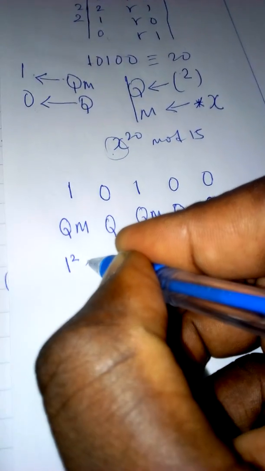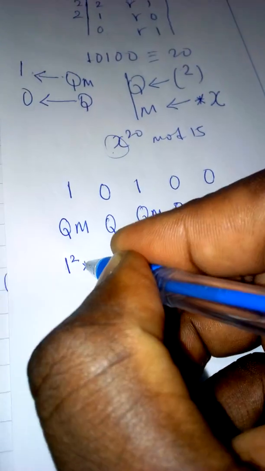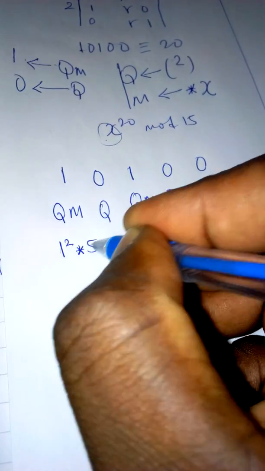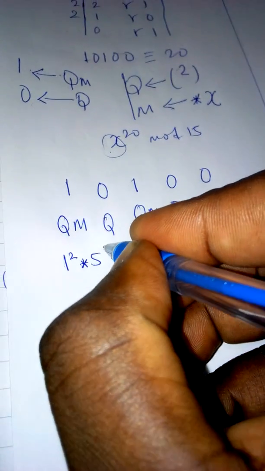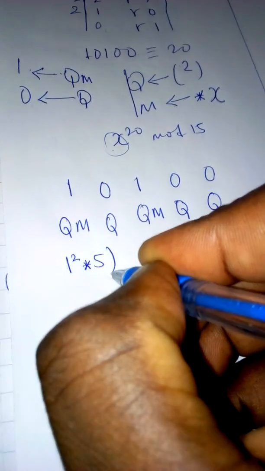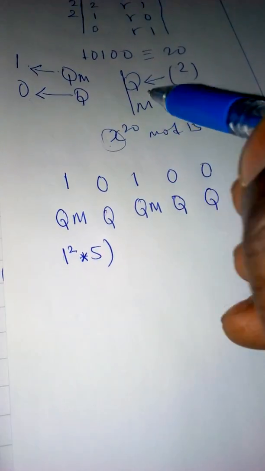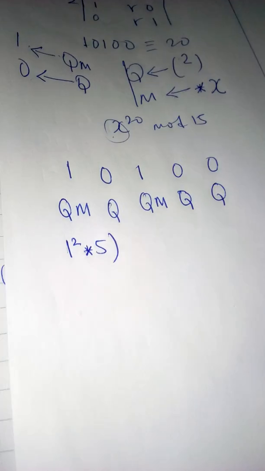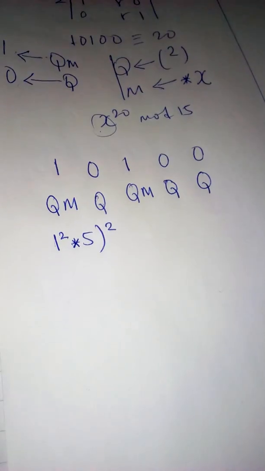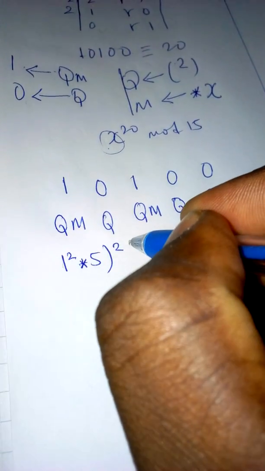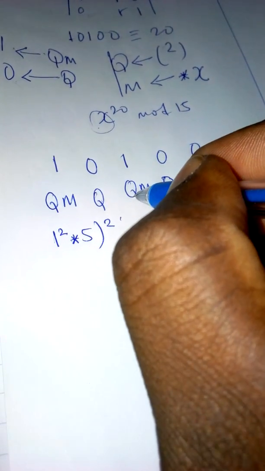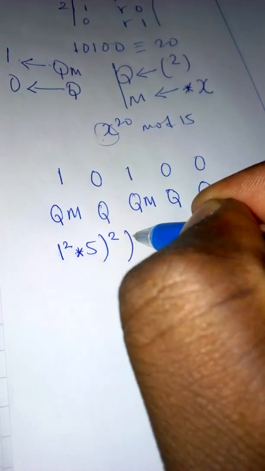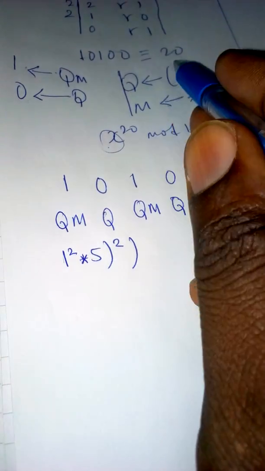So now we have star 5, and we close the bracket. Then Q is represented with square, so we put square on it. Here we also have a Q, so we close the bracket, and Q is represented with square again.